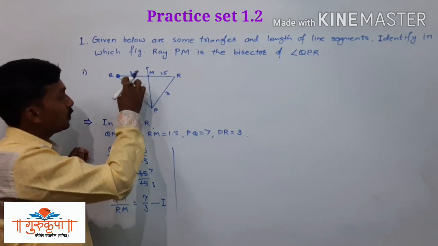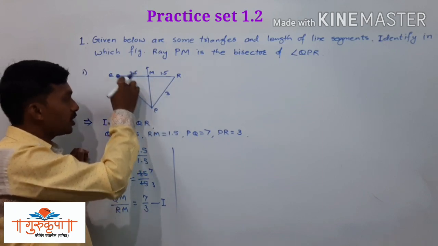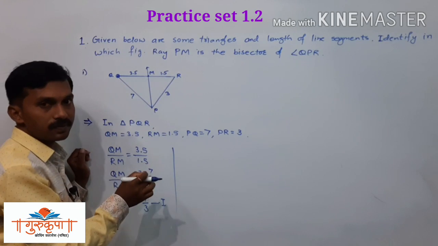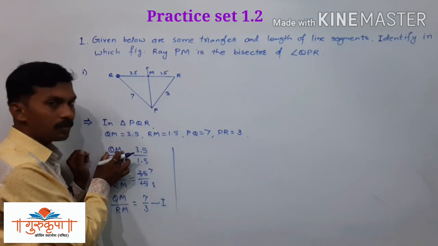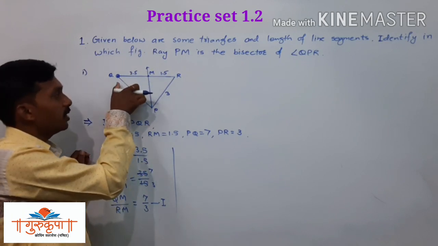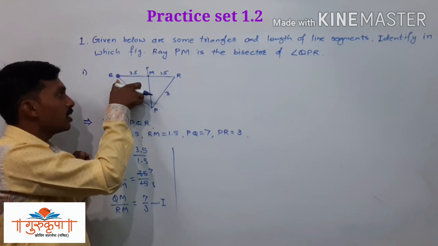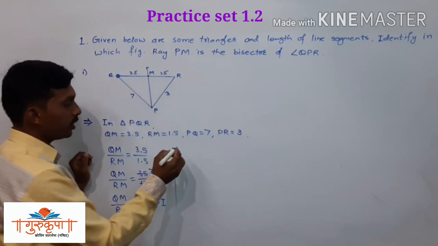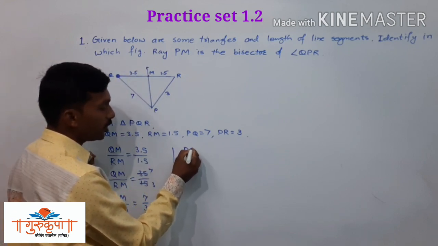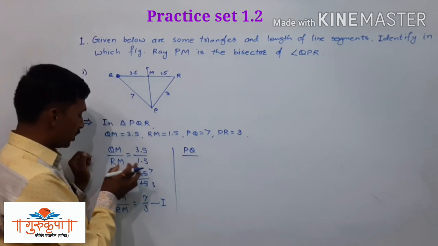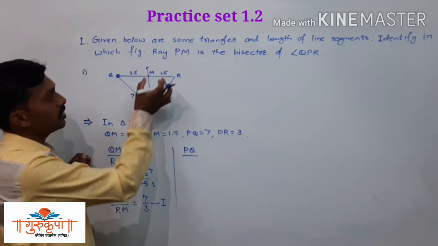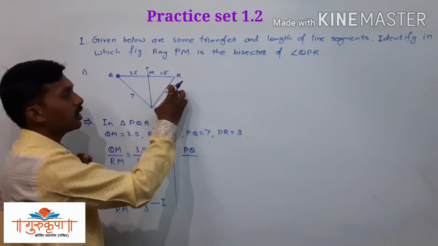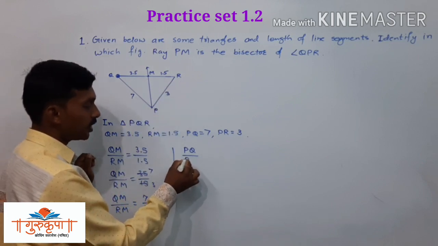The corresponding side of this QM is PQ. So here we write PQ in the numerator, upon the corresponding side of RM, which is PR. So we can write PR here.